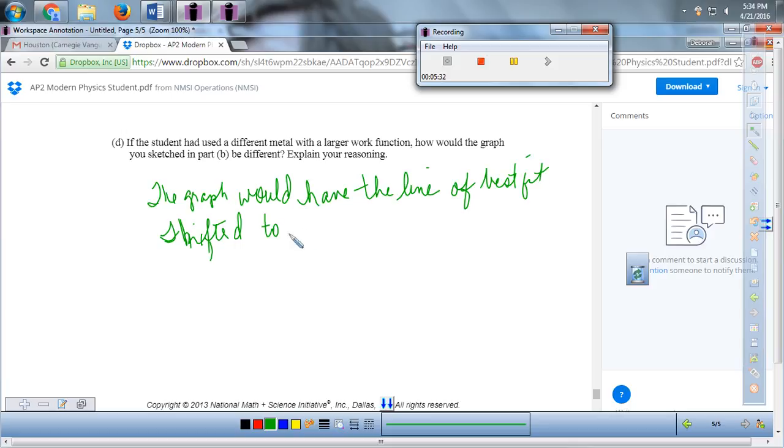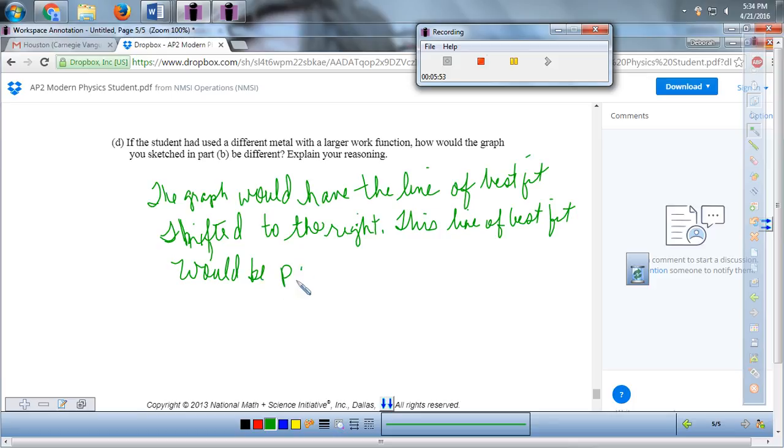Shifted to the right, I apologize. This line of best fit would be parallel to the original line. So the slope would still be h, Planck's constant, since it's parallel.